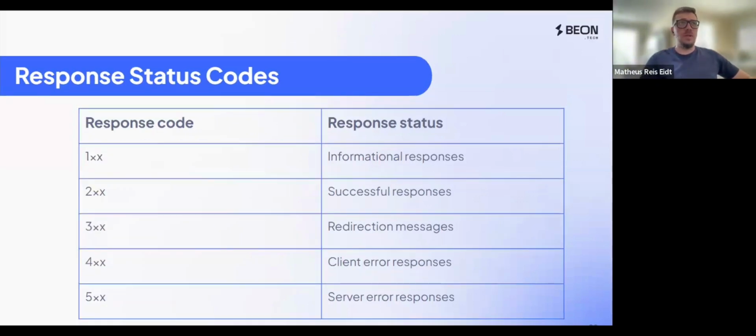For example, the range 100 identifies informational responses. The range 200 is used for successful responses. The 300 is used for redirection messages. 400 is used for client error responses, and 500 for server error responses. Let's take a deep look at each of these ranges and some examples of messages we can have.